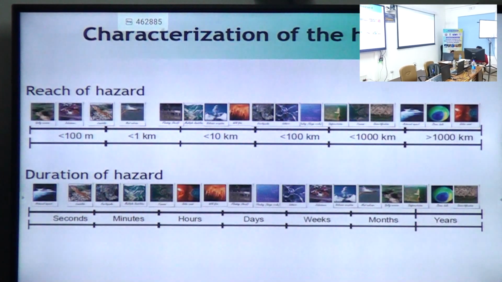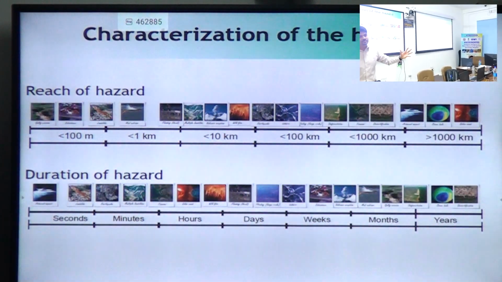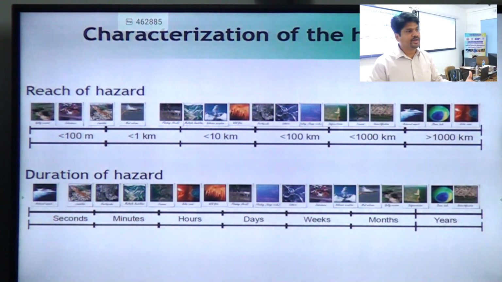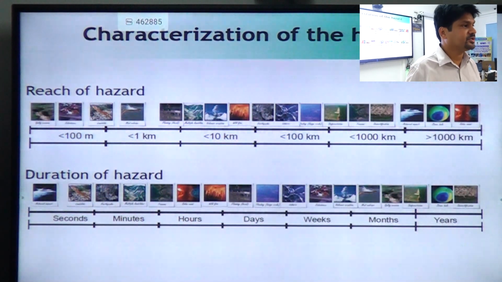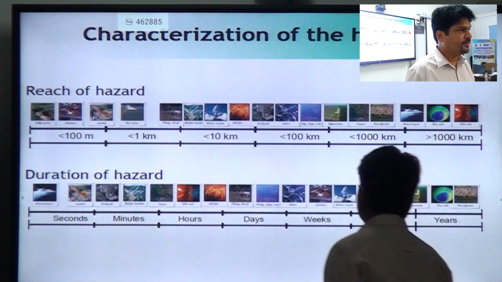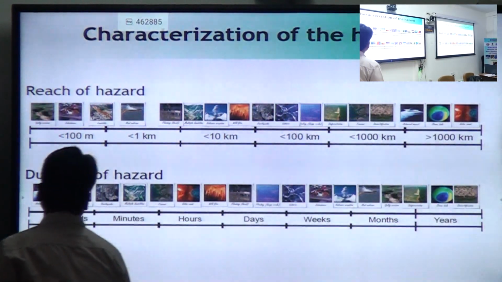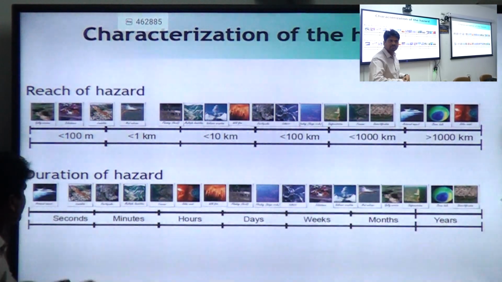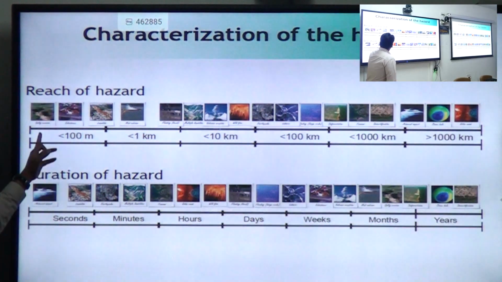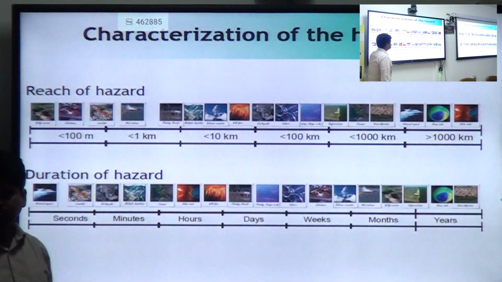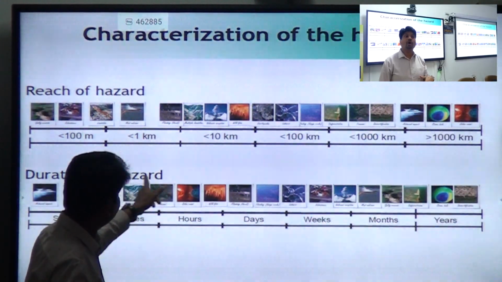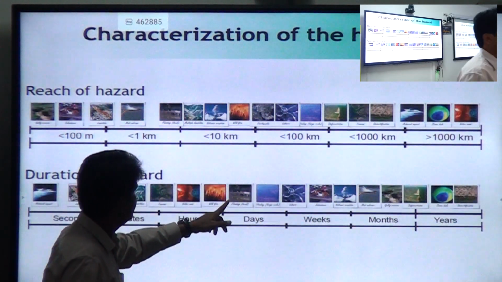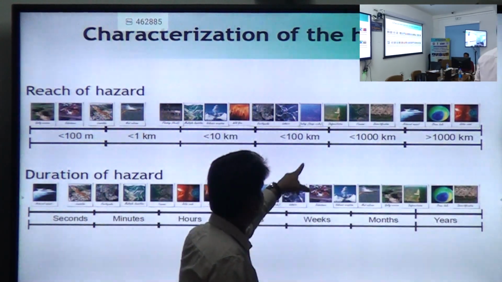Wildfire can be a few hectares to hundreds of thousands of hectares. Then you have flooding, less than 1 kilometer, but it can go over a much bigger area. As you come here, landslide, less than 100 meters, or landslide runout of 5-10 kilometers.